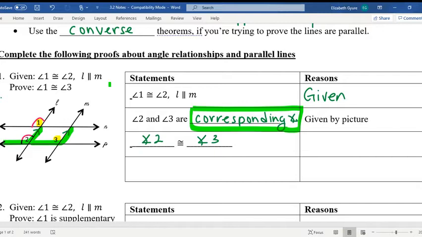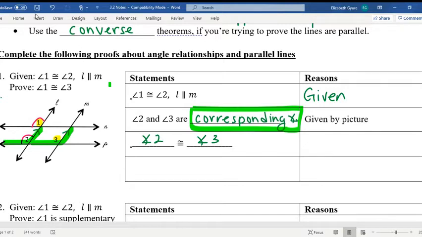Now the question is, what do you write? Is it definition of corresponding angles? Is it the corresponding angle theorem? Does it really matter? I mean, yeah, it kind of does. But this is the corresponding angle theorem, actually. If you can't remember that, just simply say corresponding angles, or if you have parallel lines, corresponding angles are congruent, or something like that.